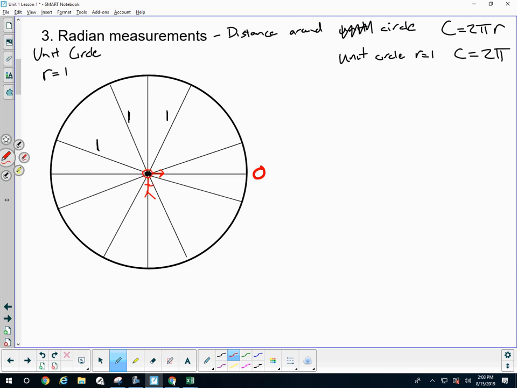So if I look up and then continue to go all the way around my circle, we'll go this way, and that is what we'll consider going in a positive direction, or counterclockwise, we'll be adding. If I look down, we'll call that a negative angle, or if I'm going clockwise, I'm going in a negative direction, or I'm subtracting.